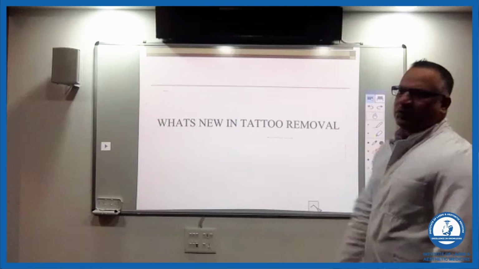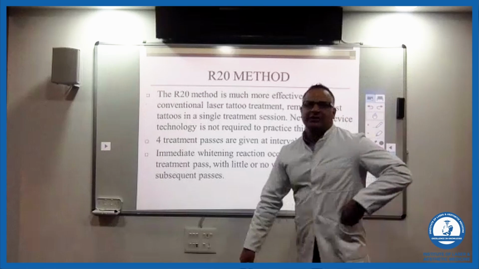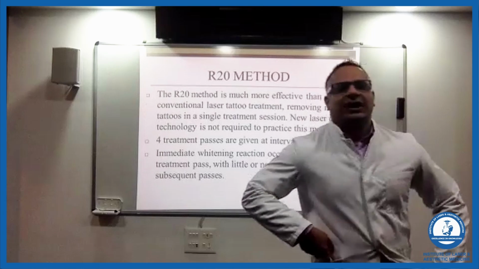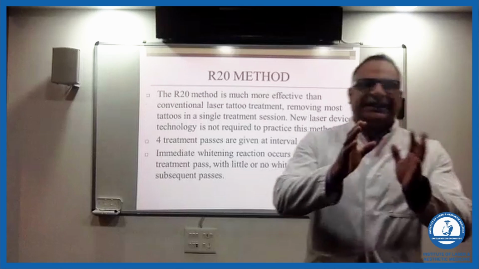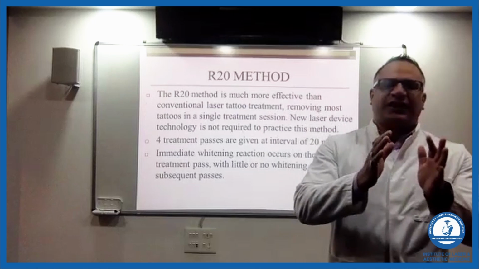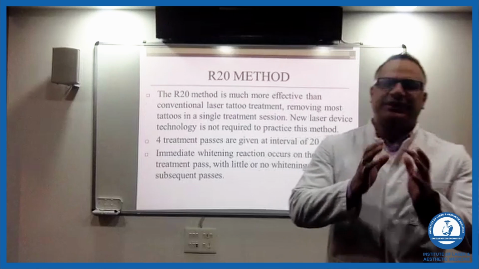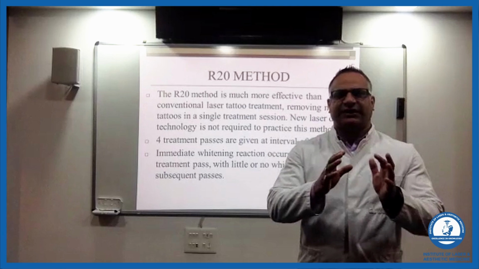There is a technique, what you call R20 technique in Q switch lasers. R20, repeat or rapid 20 technique. Idea is you fire one time on that tattoo and you wait for 20 minutes. Once you fire first pass, you will see immediate whitening phenomenon. All right, so the area turns white, immediate whitening phenomenon.